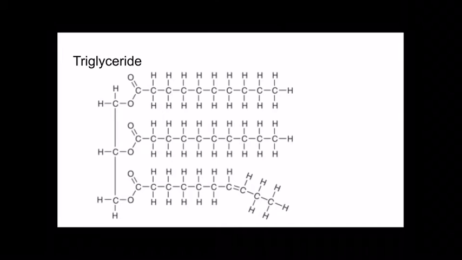Here the top 2 fatty acids are saturated, and the bottom one is monounsaturated. That's fine for a triglyceride. Sometimes all 3 are the same fatty acid, sometimes there are 2 different ones, sometimes there are 3 different fatty acids making up a triglyceride. It totally depends on where it came from, and what molecule made it for what reason.